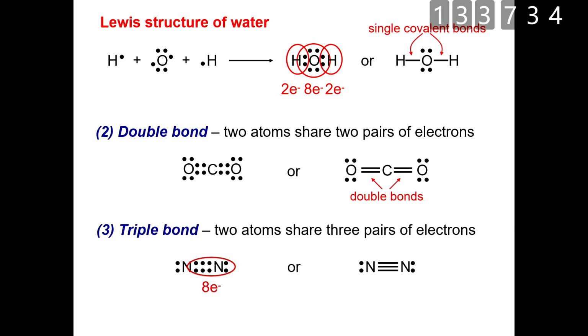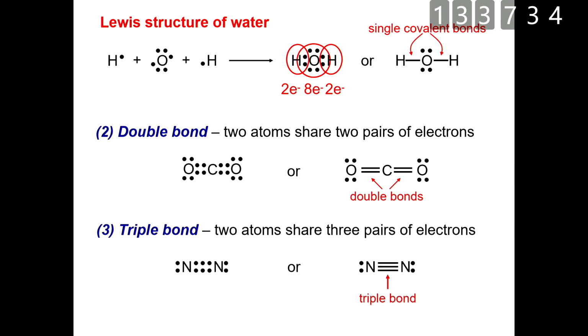So here we introduced the formation of the single bond, double bond, and the triple bond. And when they form single or double or triple bond, each atom has 8 electrons. And of course, we can use 3 short lines to show the triple bond.